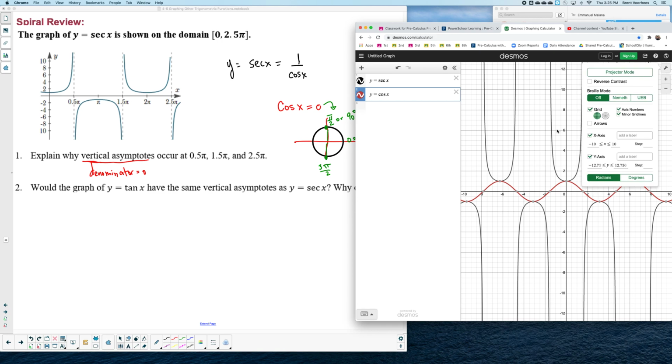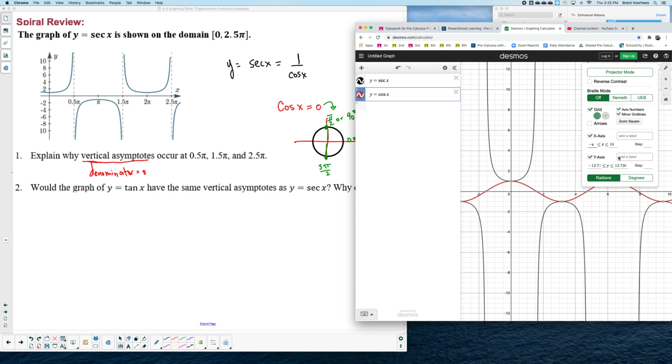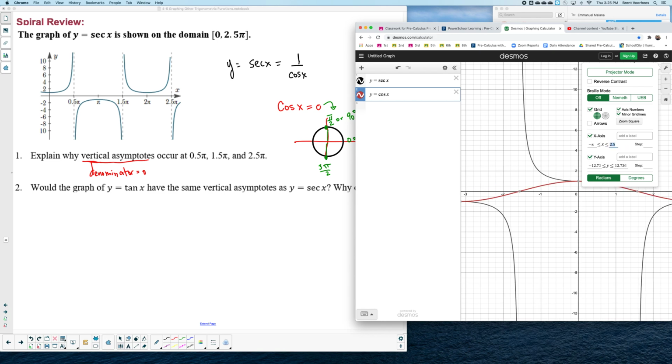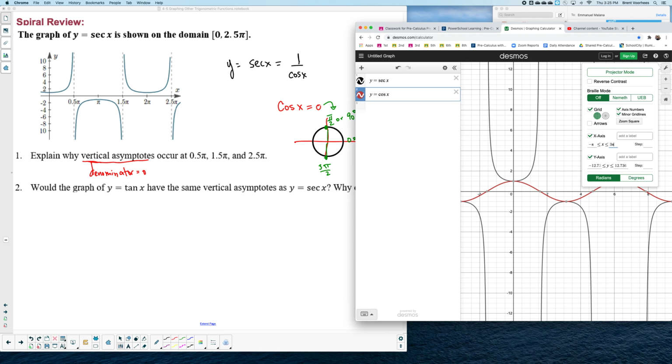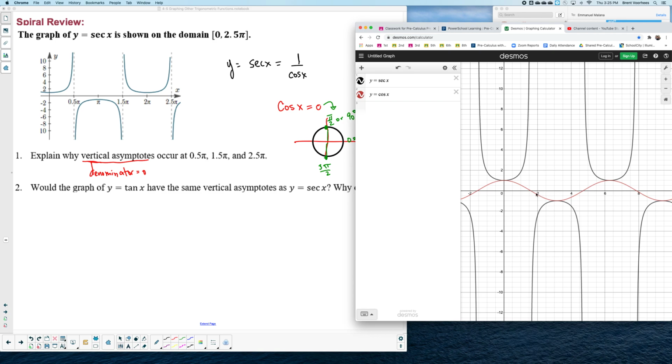And I want to change my domain, let me just do negative pi to 2.5 pi. Now I want to go past, I'm going to go to 3 pi. So you can see that the asymptote here is occurring when that hits 0.